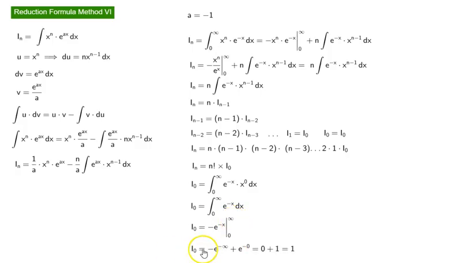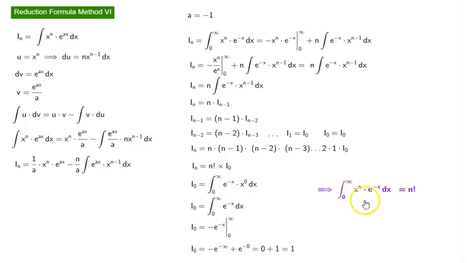Taking care of the limits, we get minus e to the power of minus infinity minus, minus e to the power of minus 0. That minus minus becomes plus, and e to the power of minus 0 is 1. Now this can be written as minus 1 by e to the power of infinity, which will tend to 0. So we have 0 plus 1, which is equal to 1. So I sub 0 is 1.